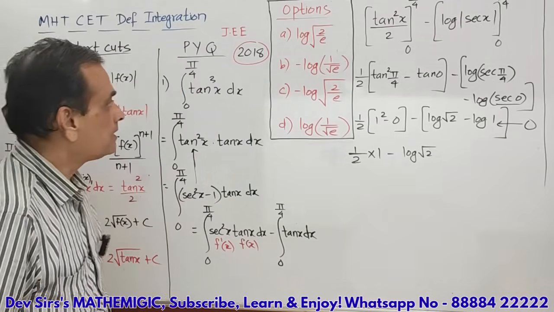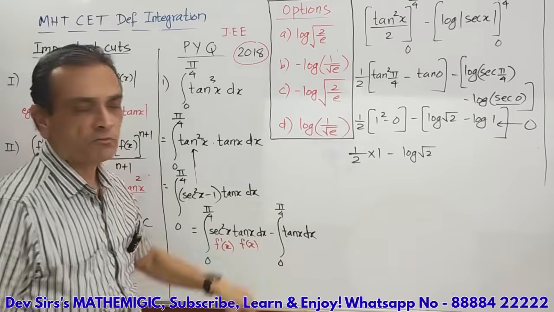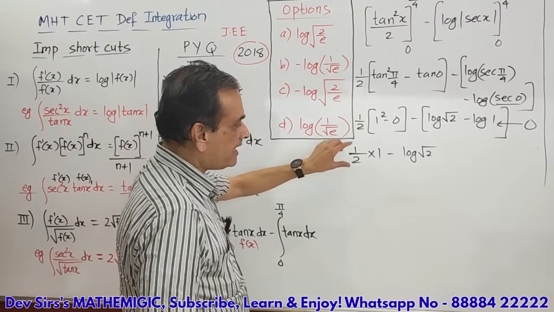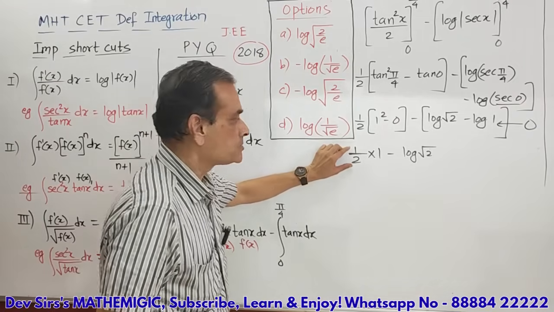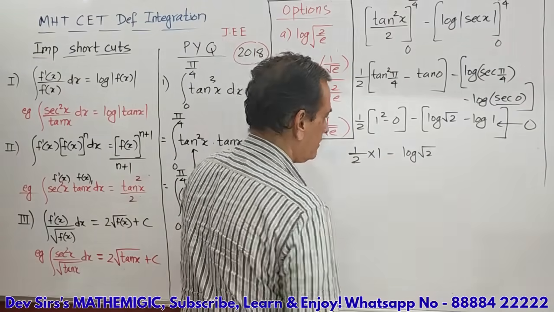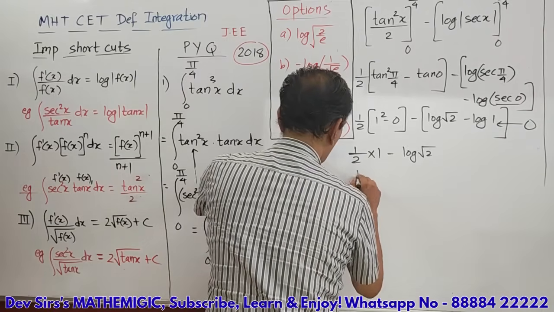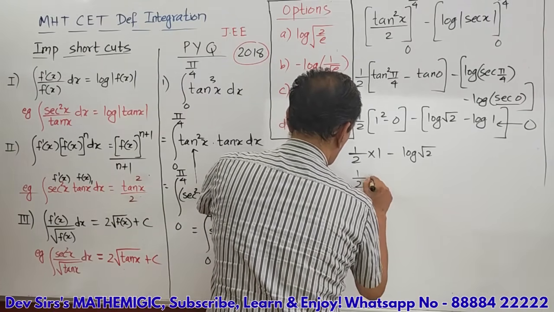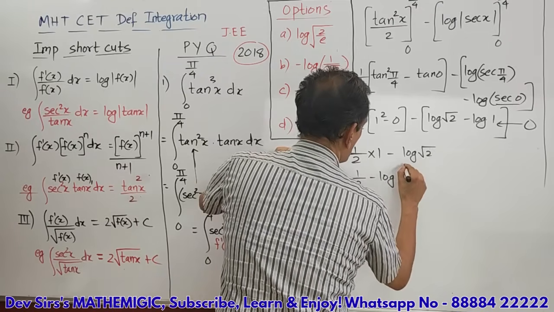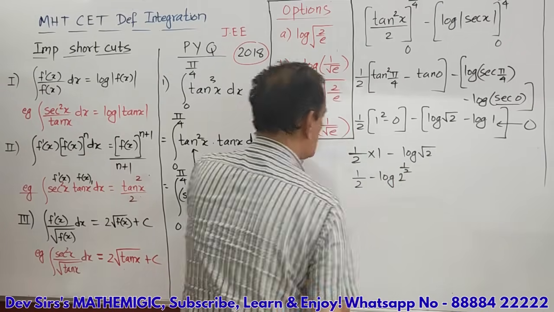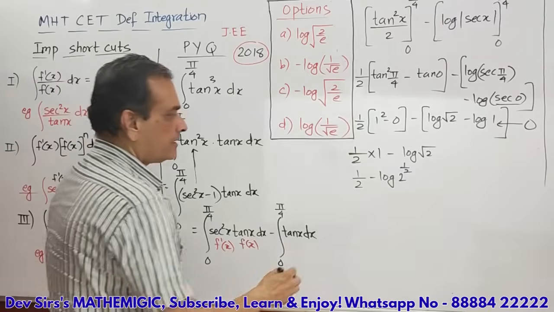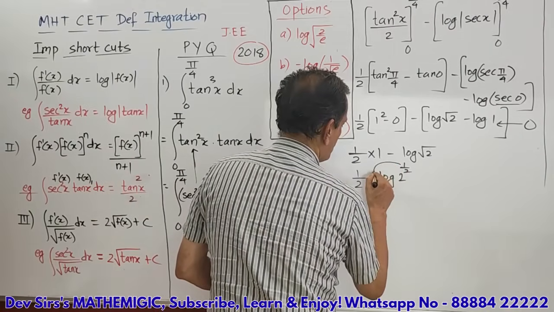So now, how will you convert into any one of the four options? First thing is, I got half here, right? So I will call this as 2 raised to half. Okay, half into 1 is half. Two raised to half. Okay, take this half in front.